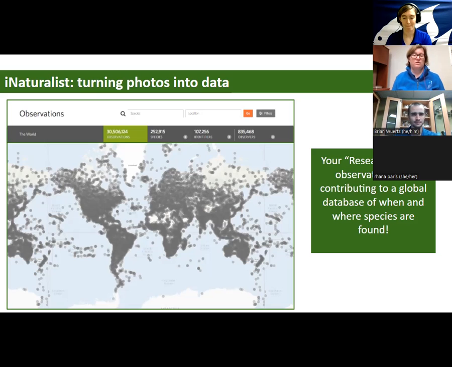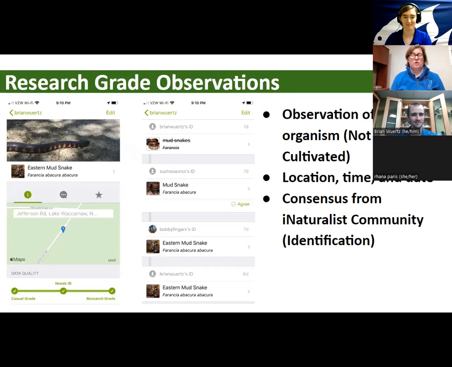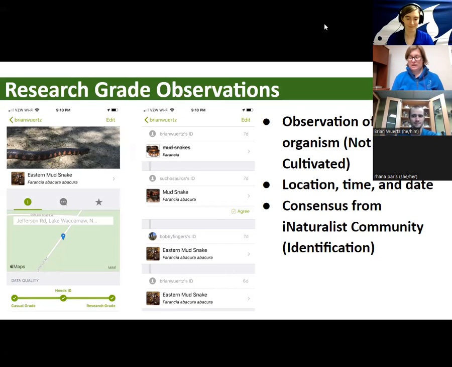And then on the next slide, please. There is something called research grade observations, and there are a couple of things you have to do to make it research grade. What research grade means is that the scientist will be able to see it, and that two people have to have a consensus on the identification. So it looks like Brian here made an observation of an eastern mud snake. At first he thought maybe it's mud snakes.